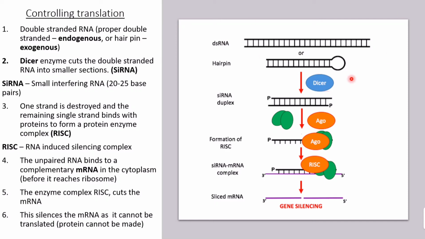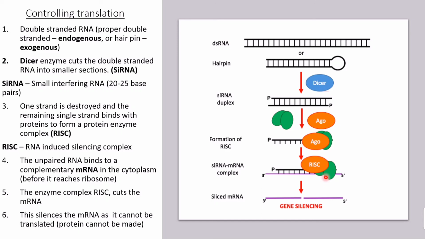So our double-stranded RNA is cut into siRNA by dicer, and a single strand from our siRNA combines with these proteins to form RISC, our RNA-induced silencing complex, and this RNA single strand on RISC binds to an mRNA, and this allows RISC to cut this mRNA, silencing it, not allowing it to be translated at a ribosome.